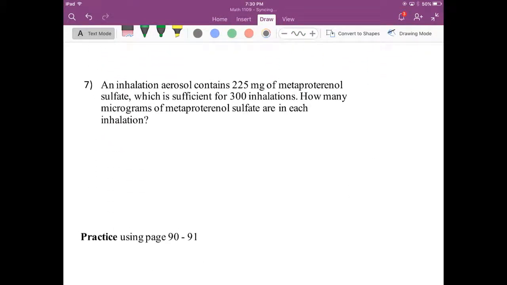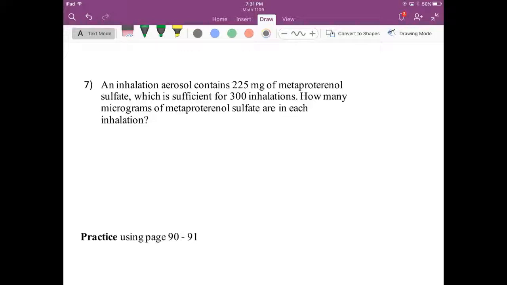Okay, next one. An inhalation aerosol contains 225 milligrams of metaproterenol sulfate, which is sufficient for 300 inhalations. How many micrograms are in each inhalation? So we have how much the whole thing contains and how many inhalations it takes.